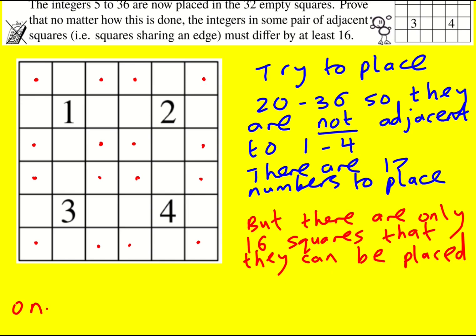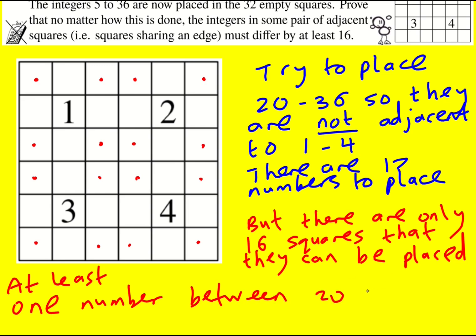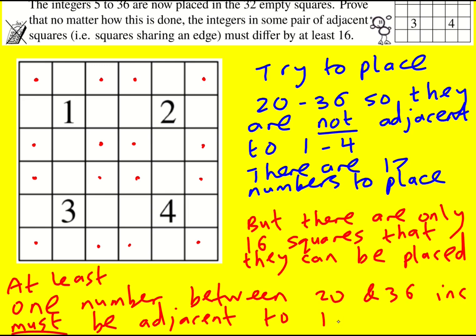Like at least one number between 20 and 36 inclusive must be adjacent to 1, 2, 3, or 4.